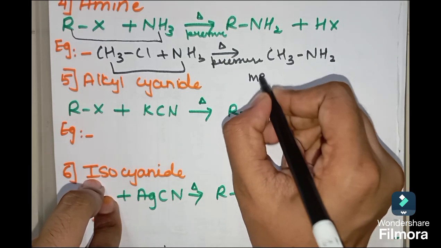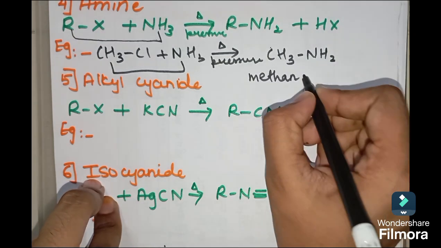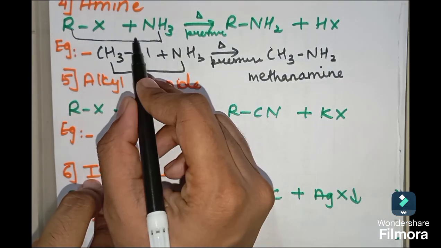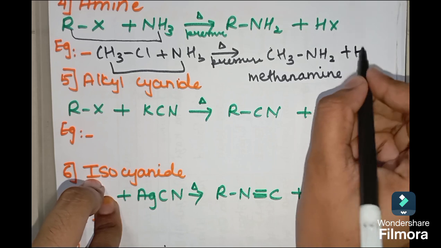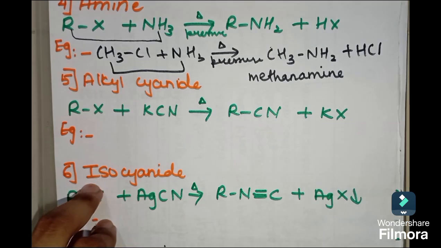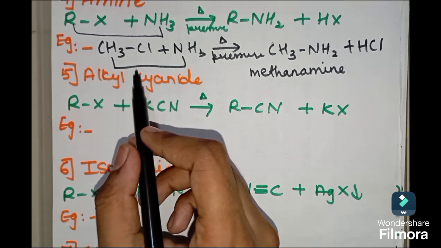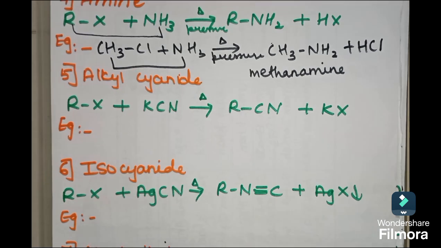So you will write methanamine. Next, one H is remaining over here and there is Cl, so it will become hydrochloric acid. So here we have formed amine. If you want to write the statement, you will write: when methyl chloride reacts with ammonia under some pressure, it forms methanamine and hydrochloric acid.